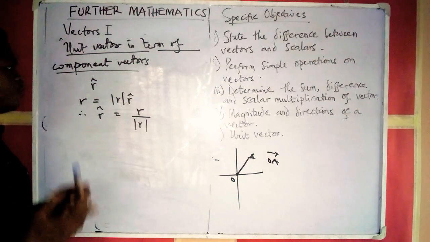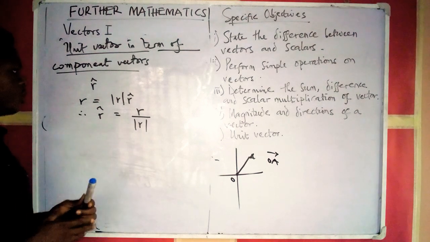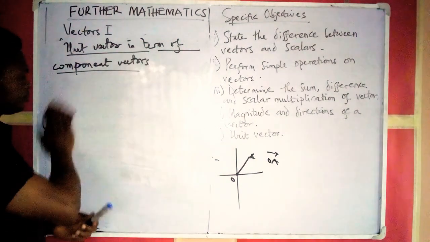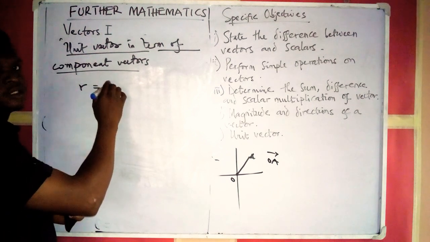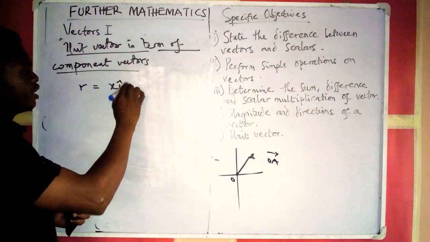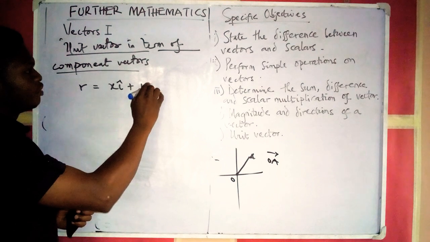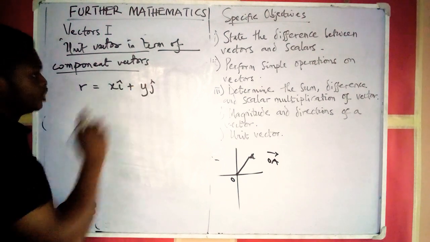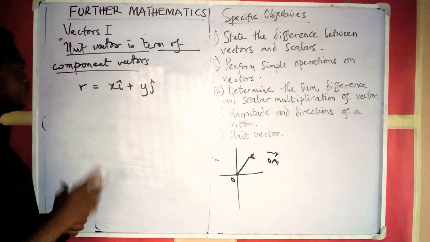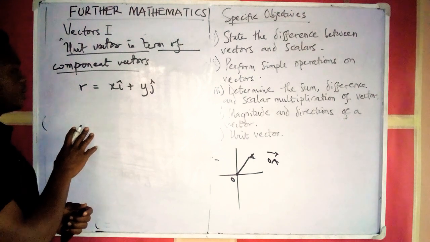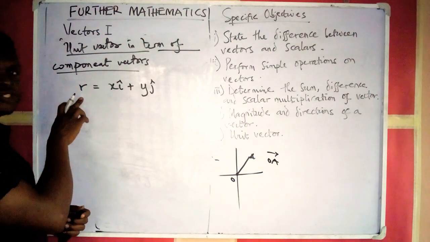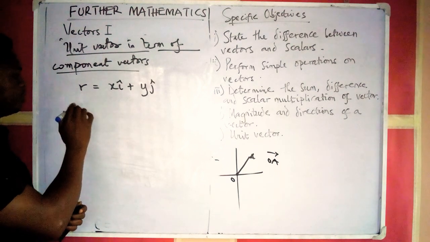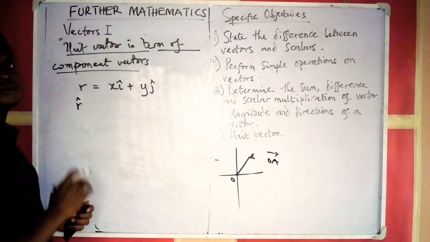Now, if we have a vector r giving us x in the direction of i plus y in the direction of j, then the unit vector in the direction of r will be written as this.